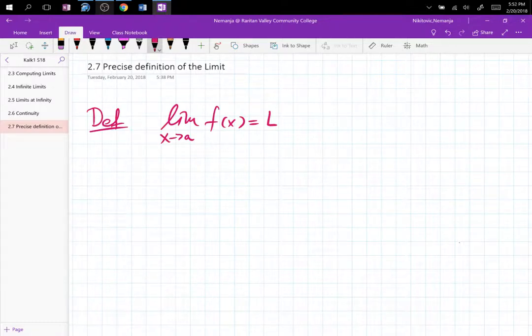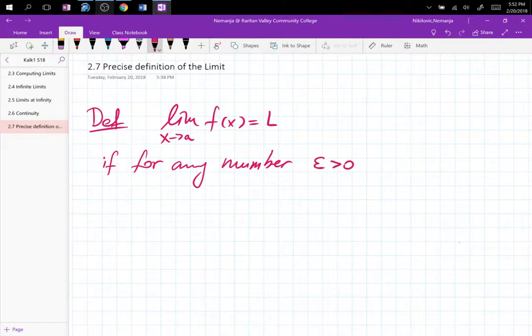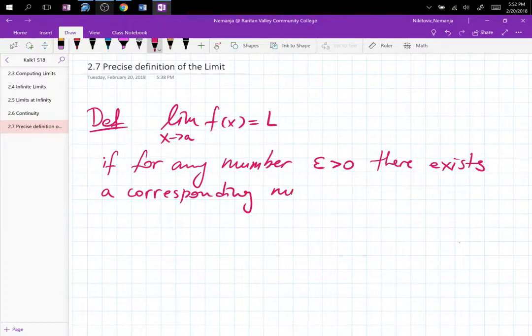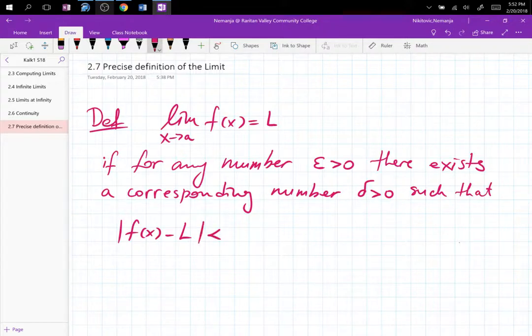The limit of f of x is equal to L if for any number epsilon larger than 0, there exists a corresponding number delta larger than 0 such that the absolute value of f of x minus L is less than epsilon whenever 0 is less than the absolute value of x minus a, which is less than delta.